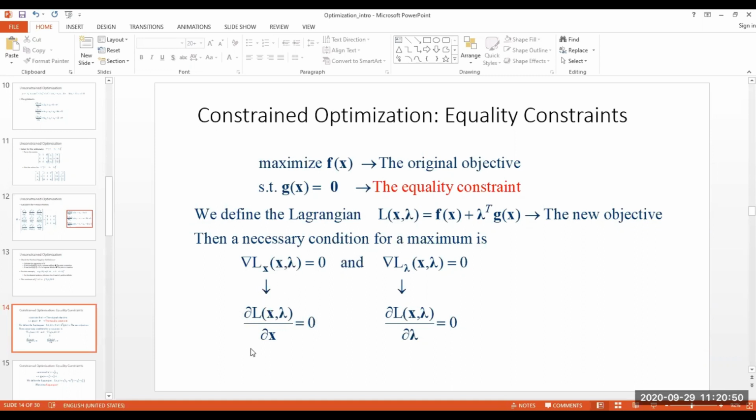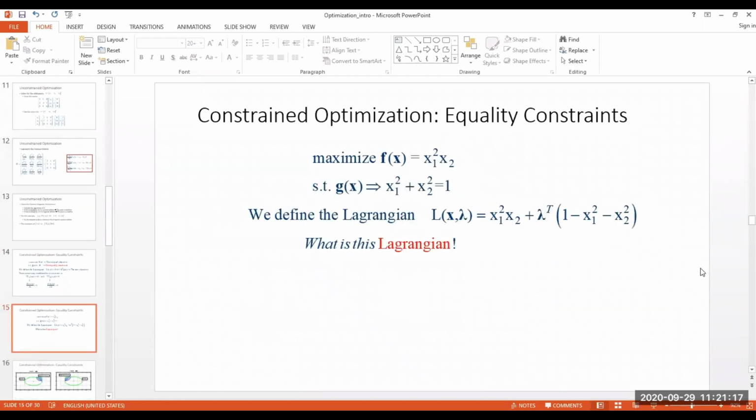So the first condition is this, and at the same time you have to also satisfy this, okay? Because you have two different sets of variables, x as a vector of variables, lambda as another vector of variables. So you have to take the partial derivatives separately and equate them to 0, okay? This condition has to be satisfied simultaneously.